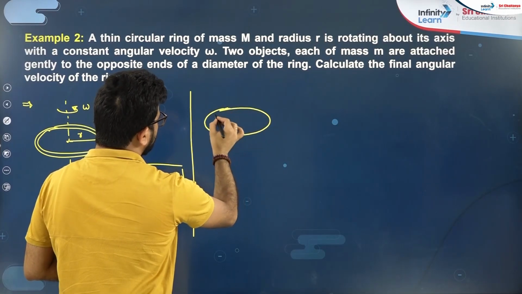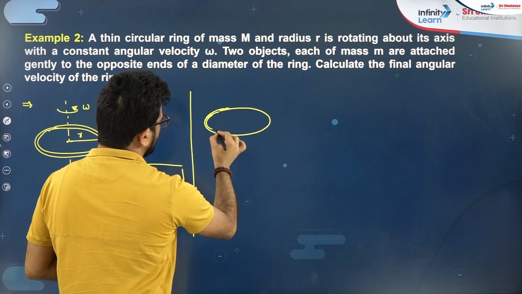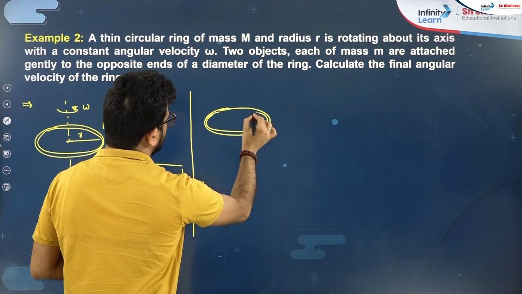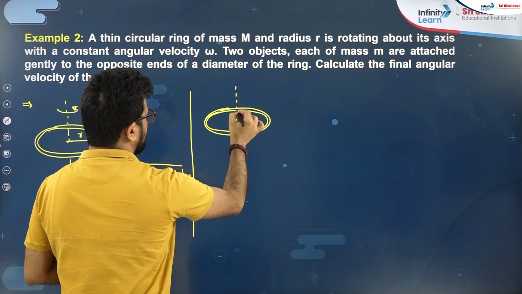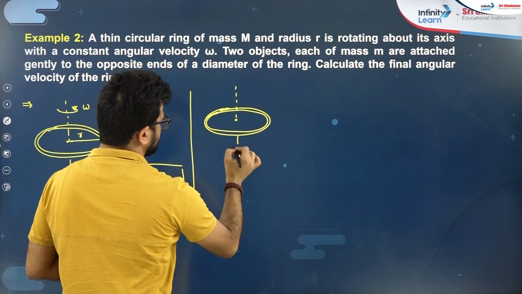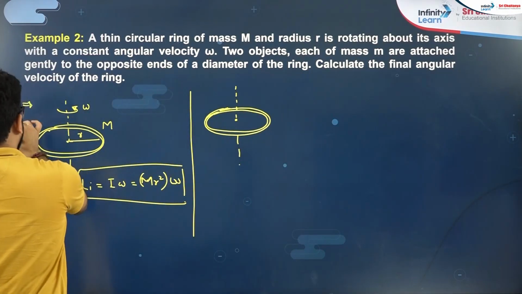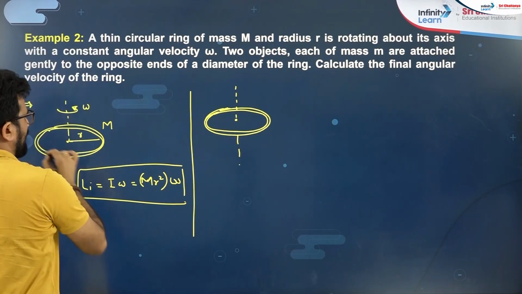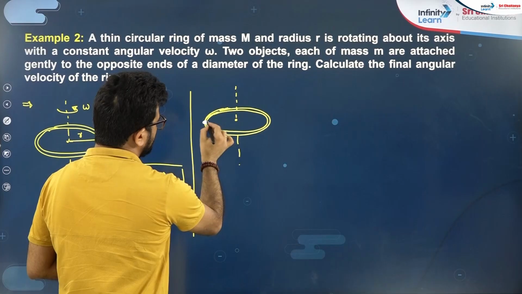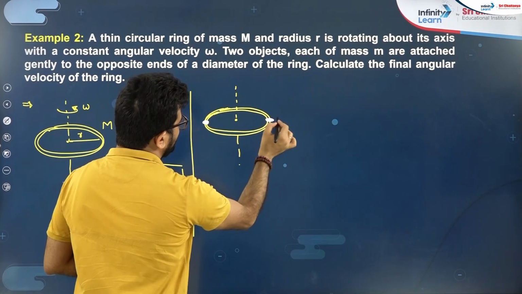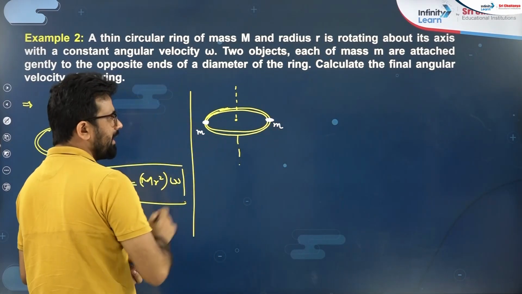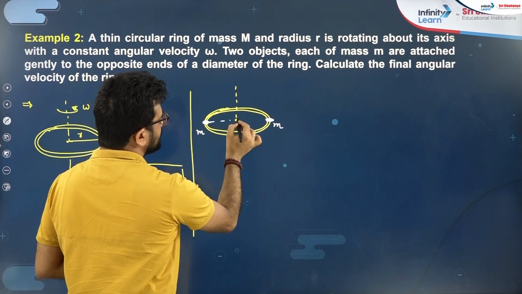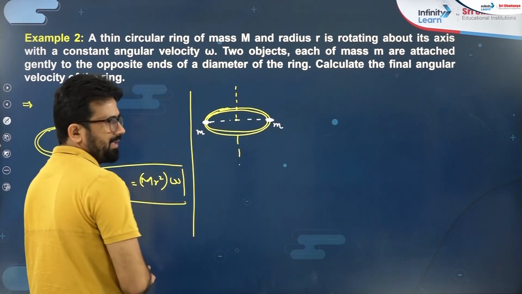That means we can take this as the ring, and on this ring you find two masses, this mass small m and this mass small m. Gently we are placing them, and they are at diametrically opposite points.